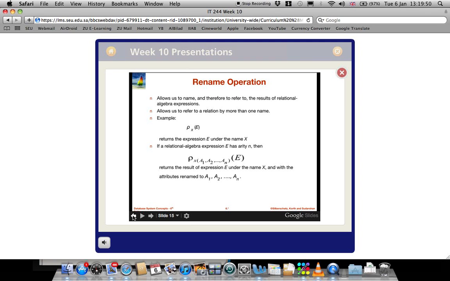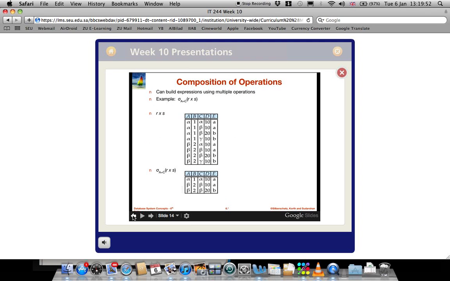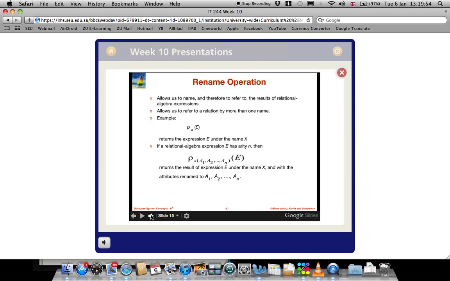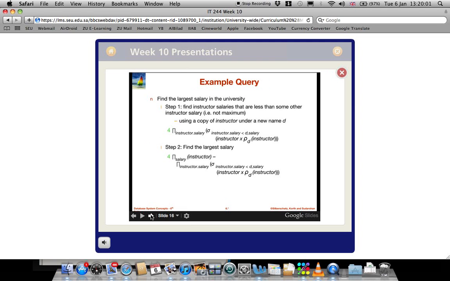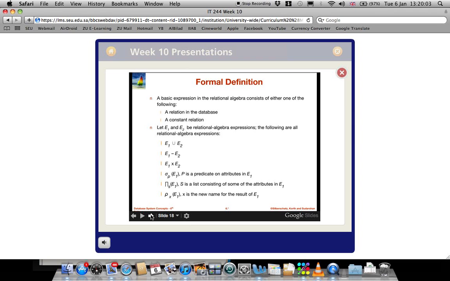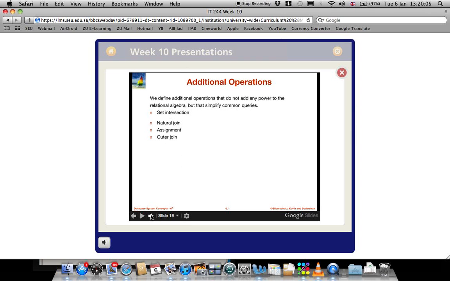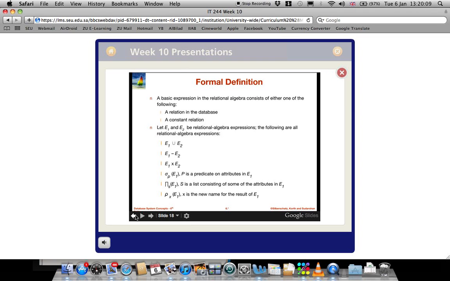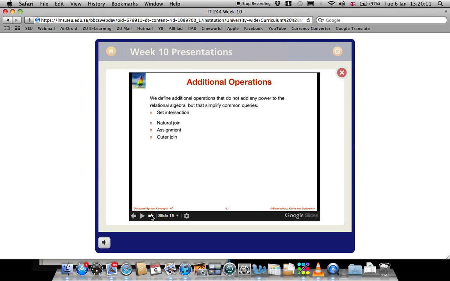Don't worry about the rename operation. Composition is okay. You don't need to worry about this slide, the rename operation. This is just definitions, so it's okay.